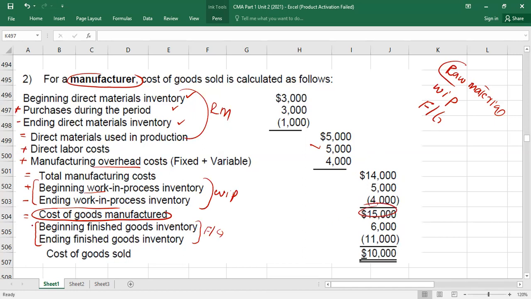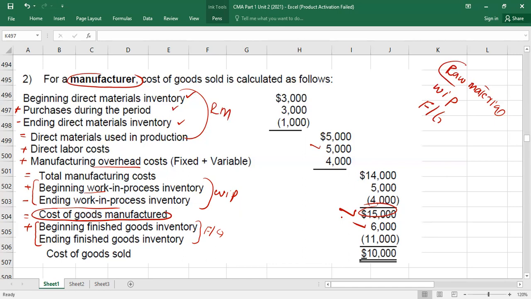Now what you will do, you will add there beginning value, beginning inventory of finished goods. Right? And there you can add one more line. Once you will take this value, which is cost of goods manufactured, plus this value, which is value of beginning inventory of finished goods. So this is known as cost of goods available for sale.